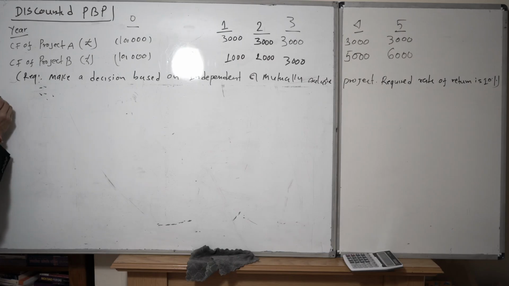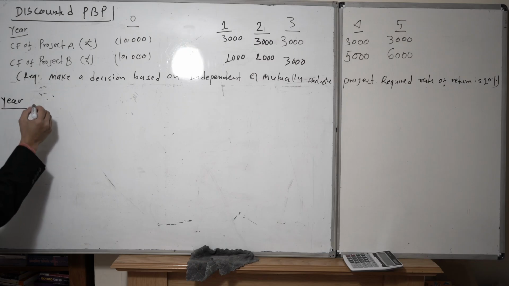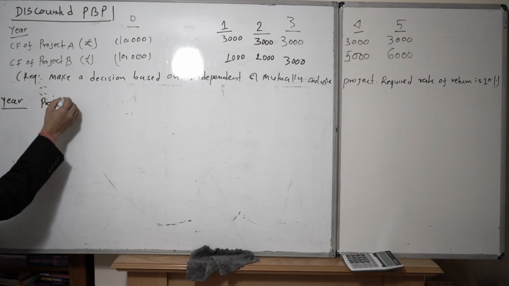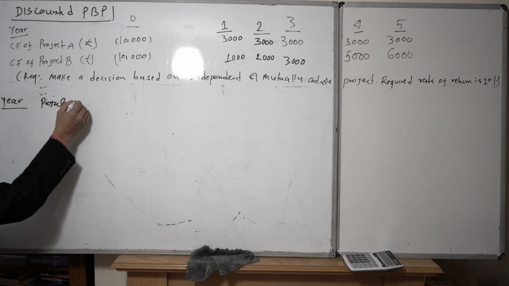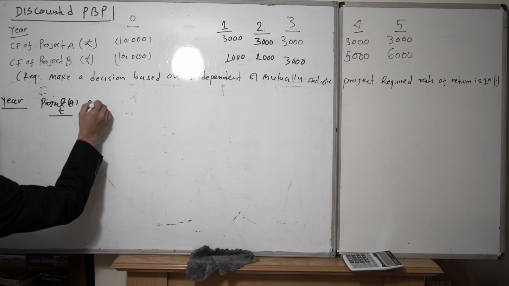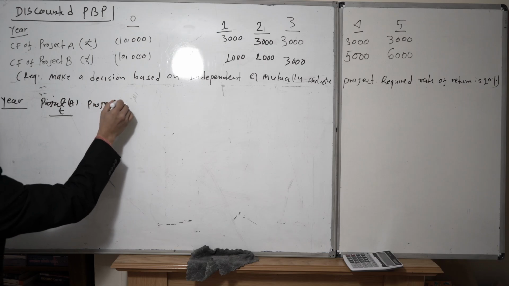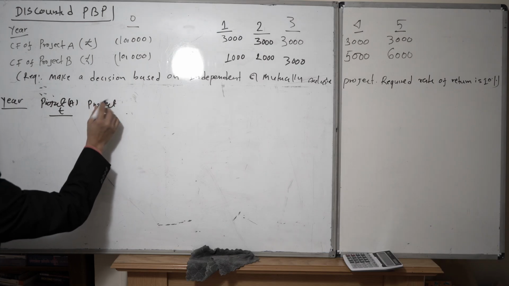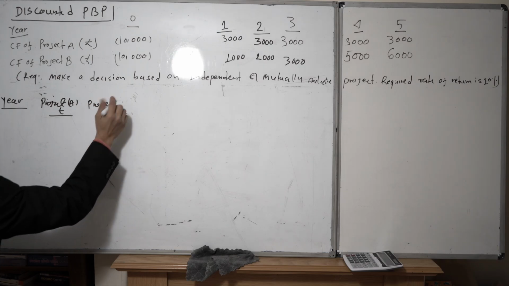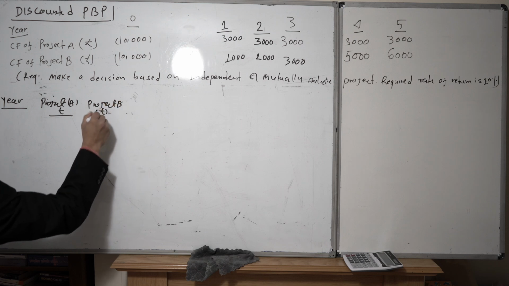Let's make the year column, second column project A in pounds, project B, unit is pound.